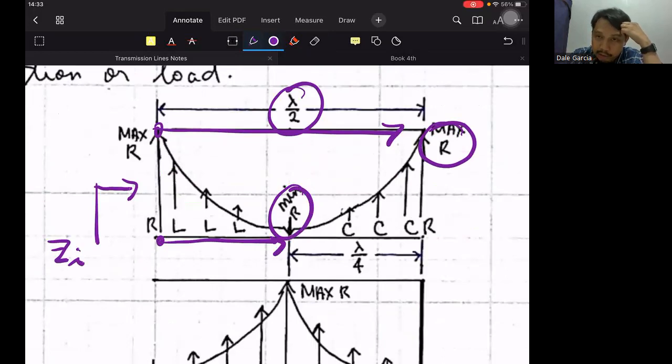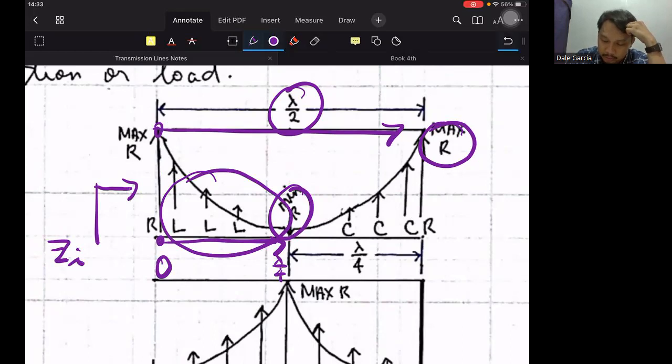either 1/4 long or 1/2 long. So if 1/2 long, a very large resistive value. If only 1/4 long, a very small resistive value. So anywhere in between, any value between 0 to 1/4 wavelength long is inductive.